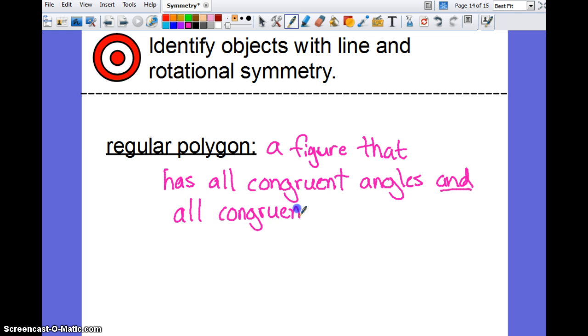Congruent means the same. So that means that whenever you look at this figure, it has all the same angles, all the same sides.